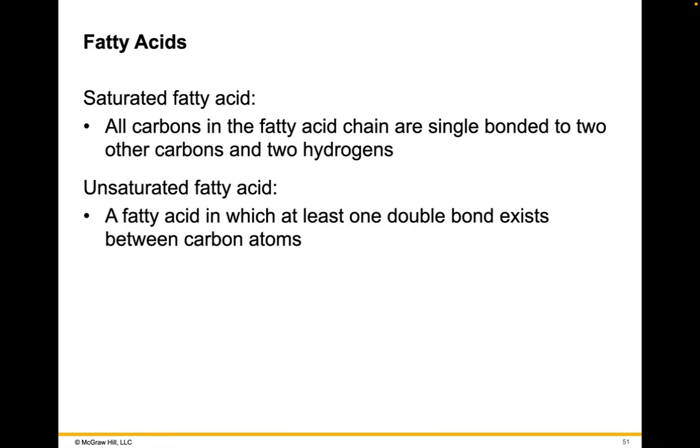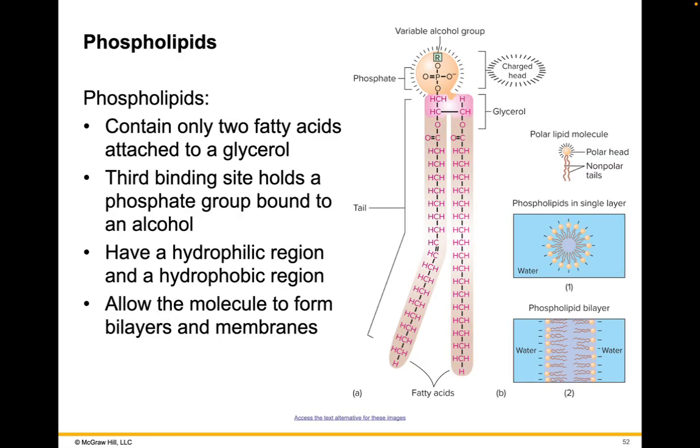So saturated fatty acids, all carbons in the fatty acid chain are single bonded to 2 other carbons and 2 hydrogens, where unsaturated fatty acids have at least 1 double bond between those carbon atoms. So triglycerides are one type of lipid. Here is our second type of lipid, a phospholipid.